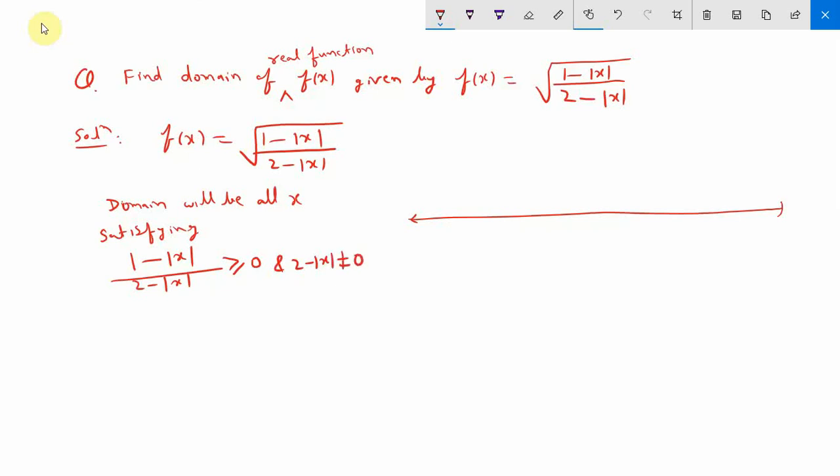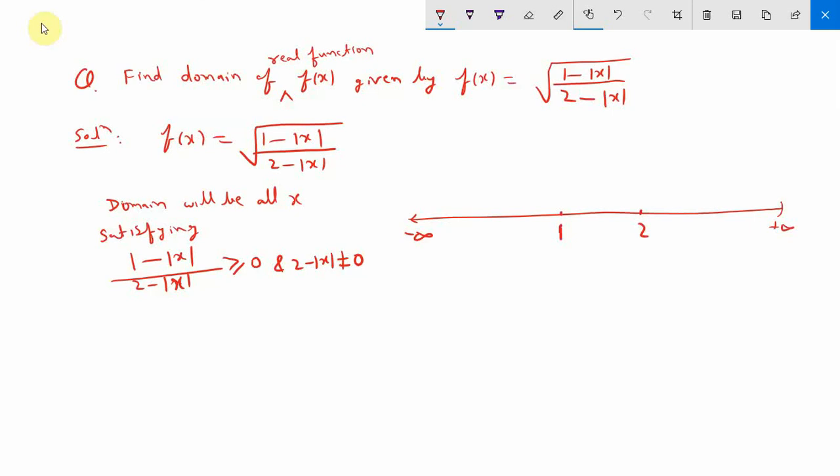Okay, so we can see some values we can write here. x may be minus 1 or 1 or 2.